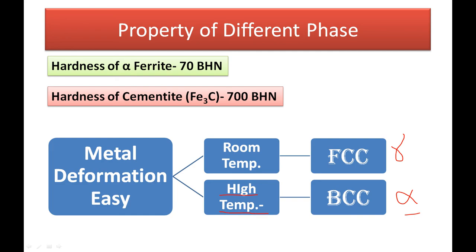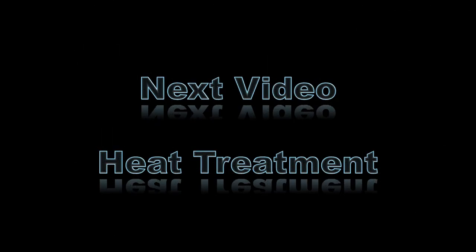And if we apply some heat, it converts to gamma ferrite, which is FCC, and this is deformable at room temperature. This is the biggest gift of nature. That's why iron has the maximum use in our civilization today. Now what we have to do is hold this gamma or austenite structure at room temperature. That's why heat treatment is needed, which will be discussed in the next video. Thank you.